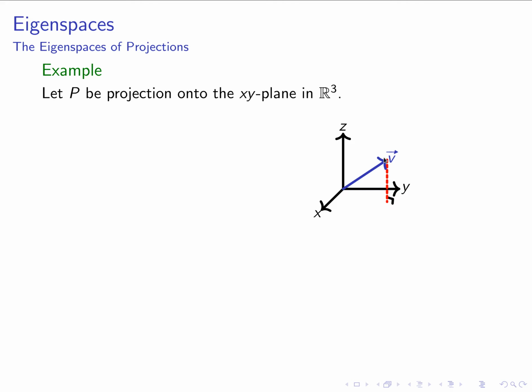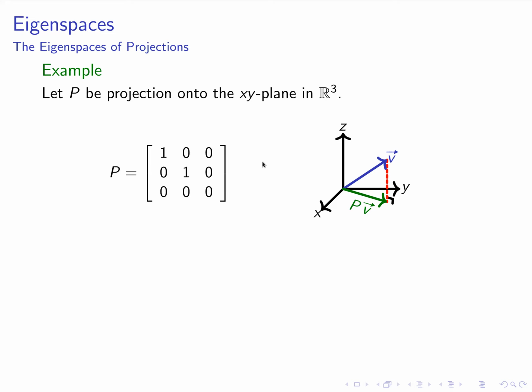Mathematically, that entails dropping an orthogonal from the tip of the vector to the xy plane. Then wherever that orthogonal hits the xy plane, we connect a vector from the origin to that location, and that gives us the projection onto the xy plane.